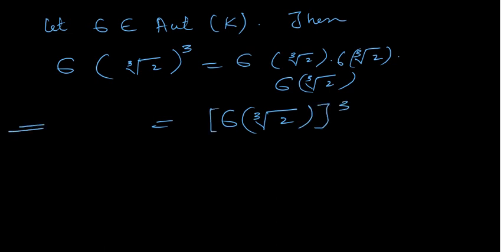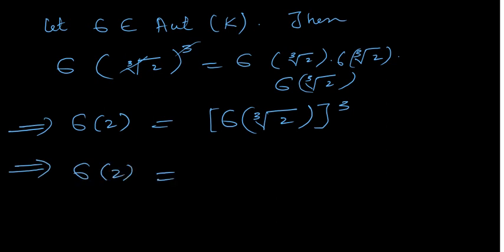But on this side, cancelling the cube root and the cube, it is sigma of 2. So sigma of 2 is equal to sigma of cube root of 2 whole cubed. This is our relation for sigma. If sigma is in Aut of K, then it satisfies this relation.